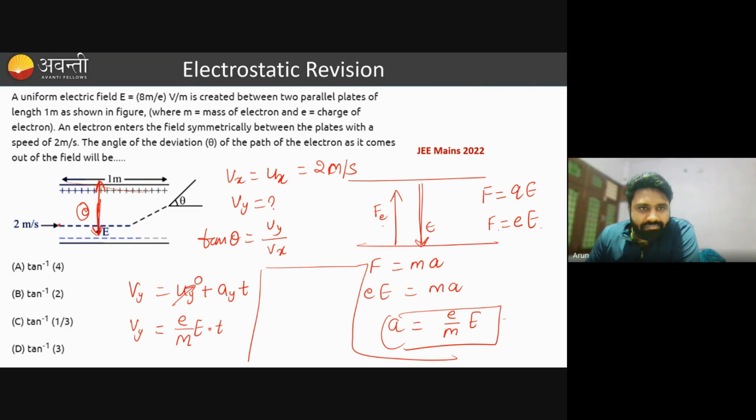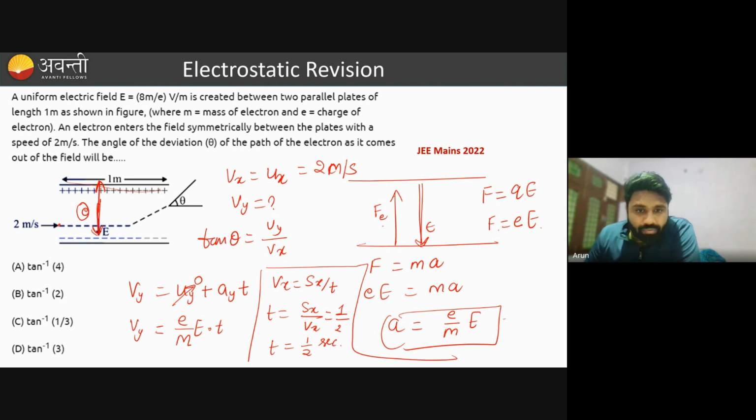The distance is given as 1 meter. So Vx is equal to Sx by t, so time will be Sx divided by Vx. Sx is 1 meter, Vx is 2, so time will be 1 by 2 second.